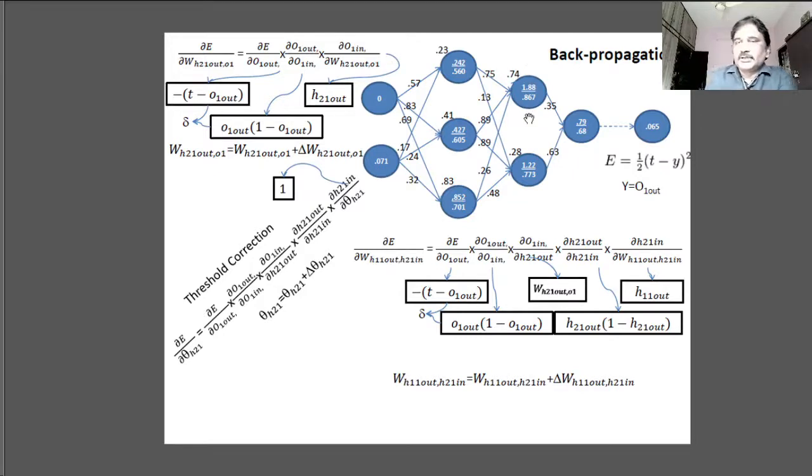Then H21 out will be differentiated with respect to H21 in, and H21 in will finally be differentiated with respect to this weight.